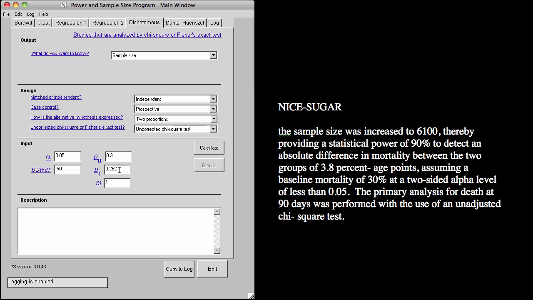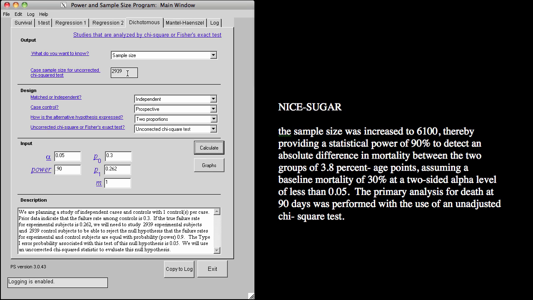So I took 30 minus 3.8%, and that was that probability there. And then this is the ratio of cases to controls, and they did a 1-to-1 case to control ratio. And then we can go ahead and hit calculate, and we'll see what number we get. So we got a number of 2,939.